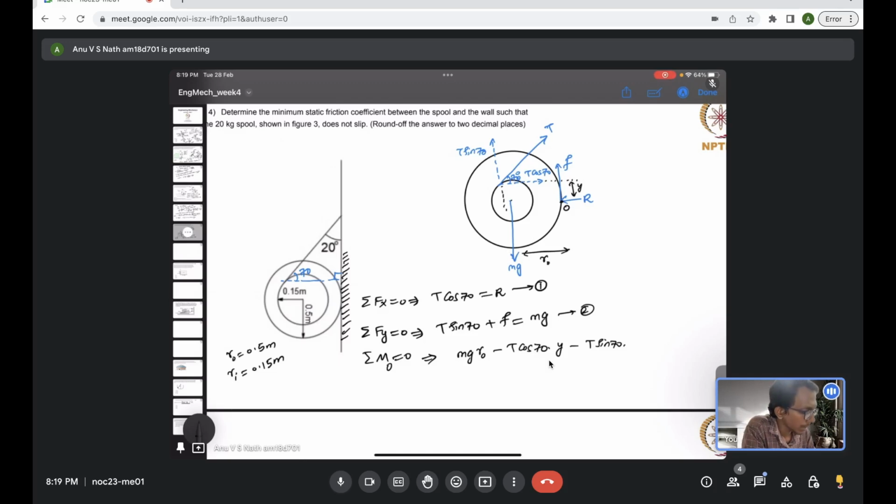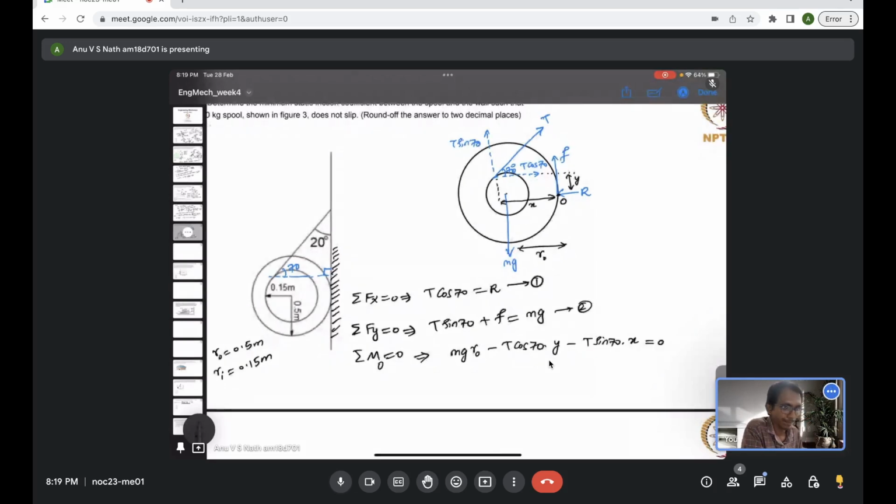So let us call that distance from the point O to be x. That is the moment arm, that is also an unknown. For the moment, let's call that x, and this is the total moment, and this should balance to 0. So now this is equation 3.